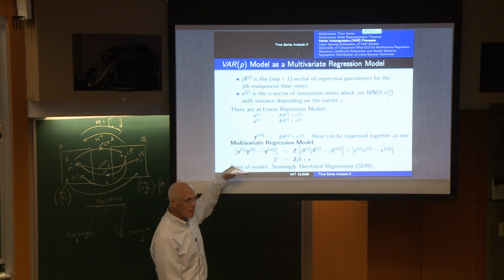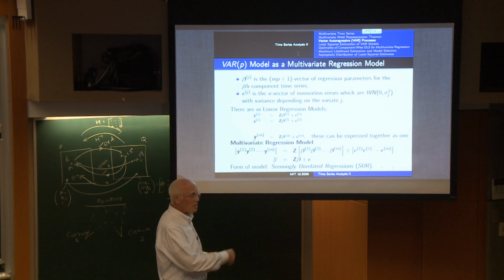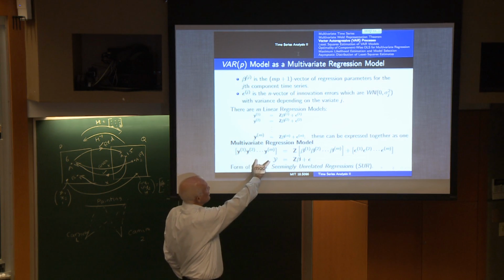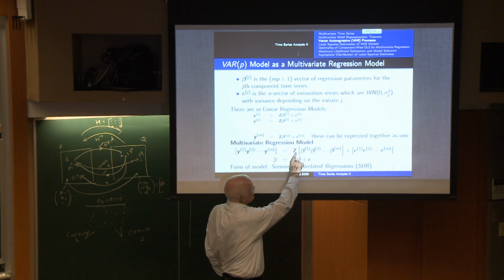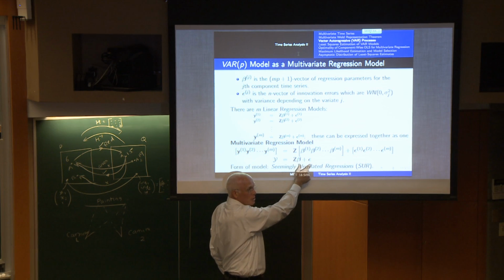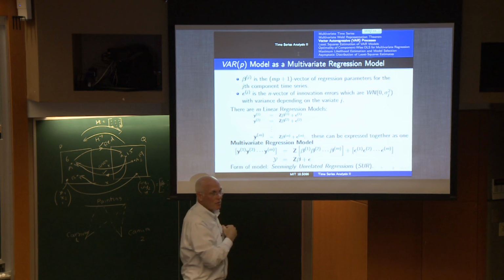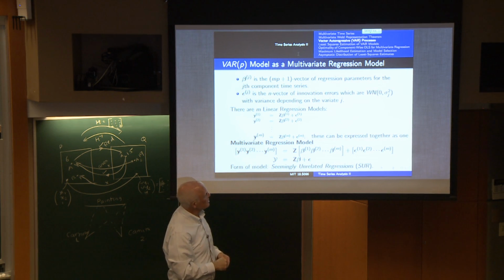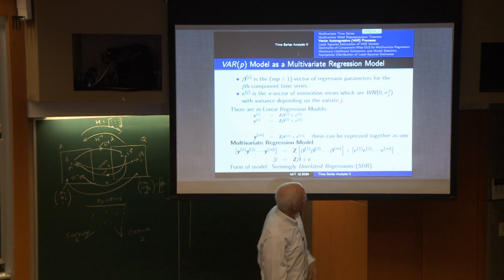So an n by m matrix of dependent variables, where each column corresponds to a different component series, follows a linear regression model with the same Z matrix with different regression coefficient parameters, beta 1 through beta m, corresponding to the different components of the multivariate series. And we have epsilon 1, epsilon 2 up to epsilon m.